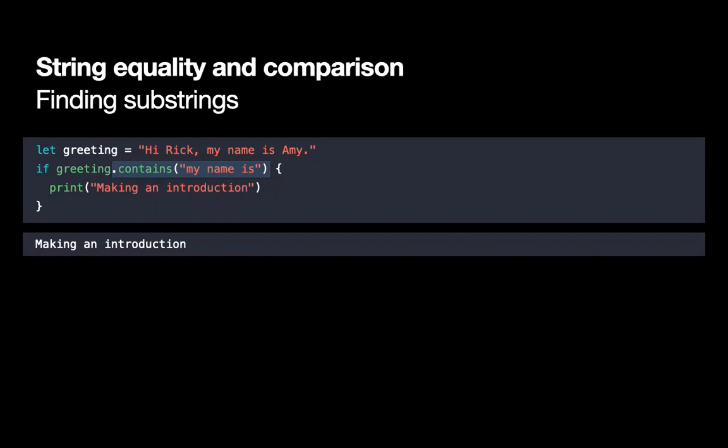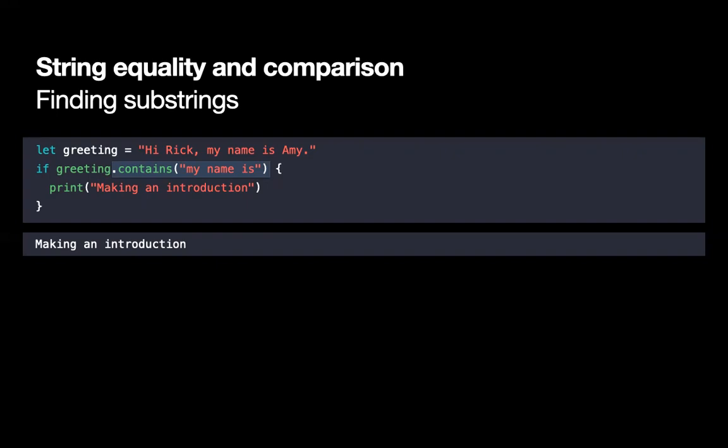Here we are checking whether our string has the text my name is. For that we have written this if statement: if greeting dot contains my name is, that means if the string greeting contains this, then it will print making an introduction. If it does not have that, then nothing will be printed.